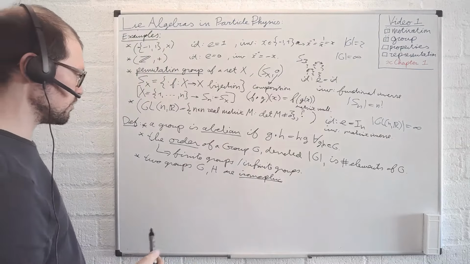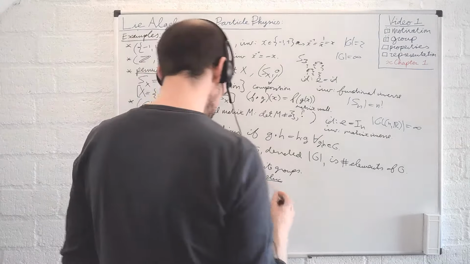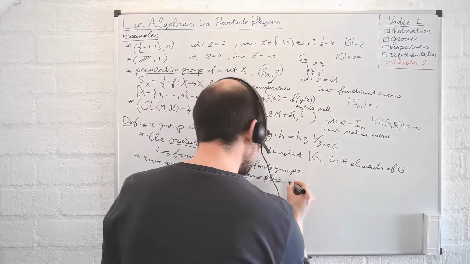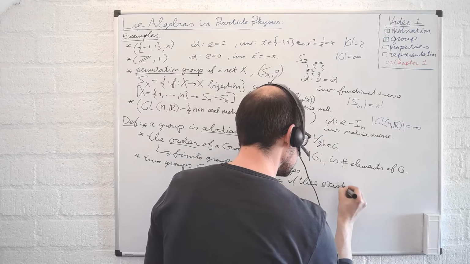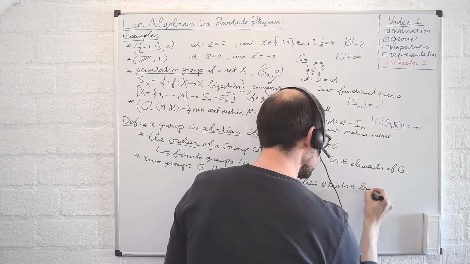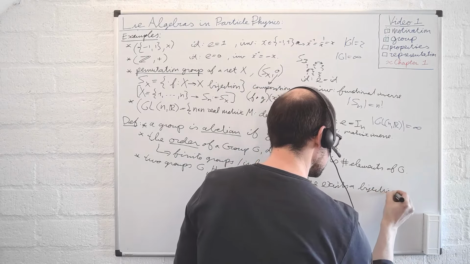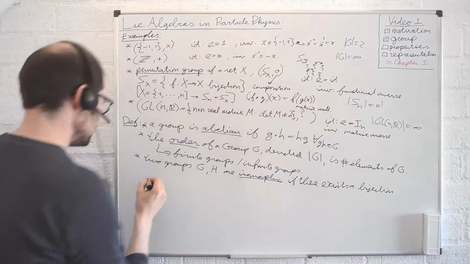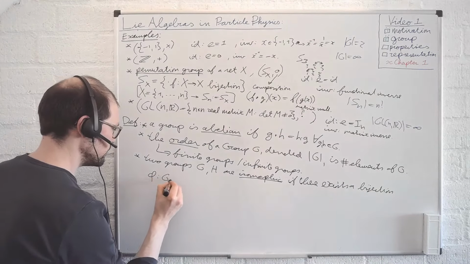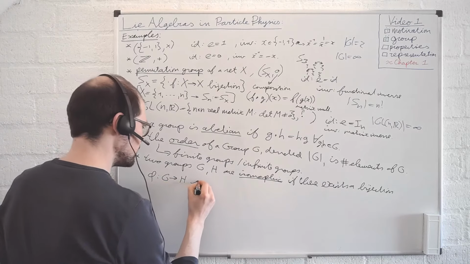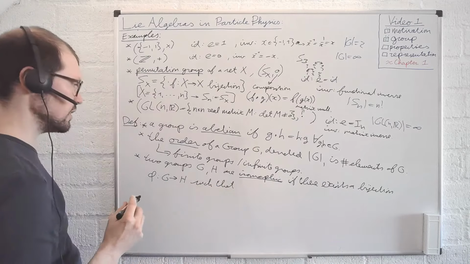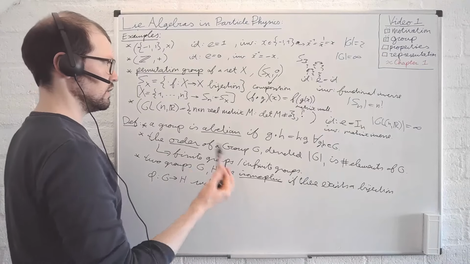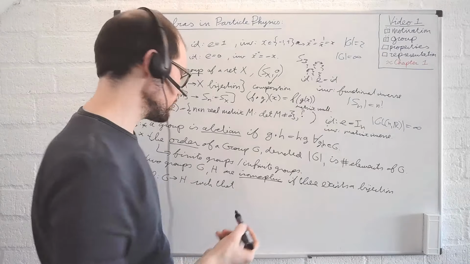Okay, so two groups G and H are isomorphic if there exists a bijection, say phi from G to H, such that in some sense the composition law of the groups is preserved.